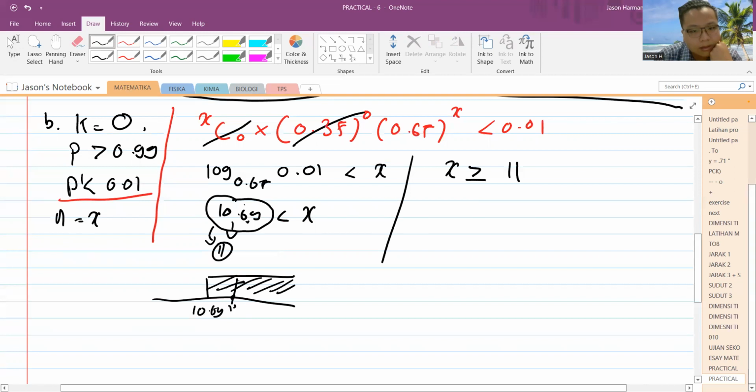So it's definitely still in the shaded region, and so we can use greater than or equal to 11. That means Anthony can be at 11, 12, 13, the span of the period, so everything is included. That means the x or n must be greater than or equal to 11. And this is the answer for part B.